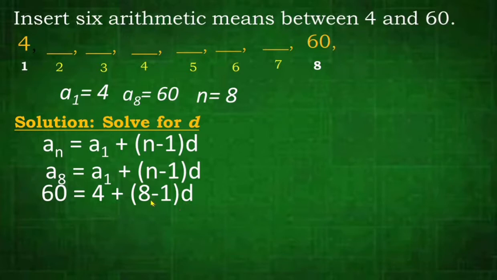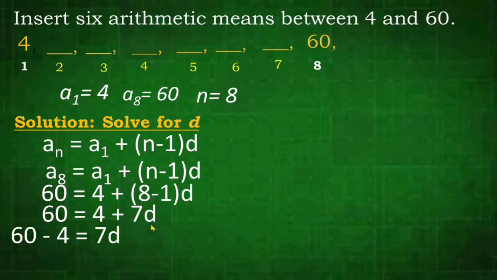Let us simplify 8 minus 1, that is equal to 7 times d. And then subtract 4 from both sides of the equation, so we will have 60 minus 4 is equal to 7d. And then 60 minus 4 is equal to 56 is equal to 7d. Divide both sides by 7, so therefore 8 is equal to d, or d is equal to 8.